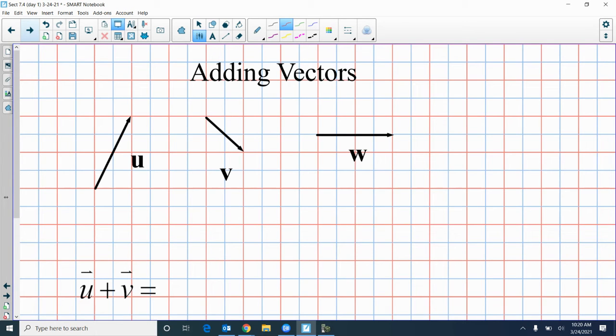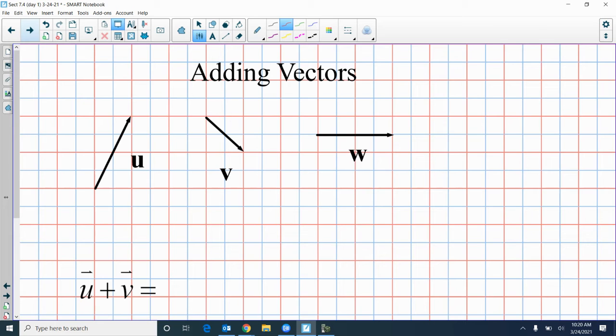All right, so you're adding vectors. I think there are 3 of them that go in that first big grid area, and then one goes where it says parallelogram method, down below there. So be careful, don't slap this in the middle, put this up above. For all these problems, U is going to be this vector, V is going to be this vector, and W is going to be this vector, and we're going to add those together.